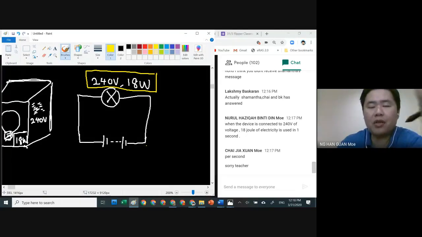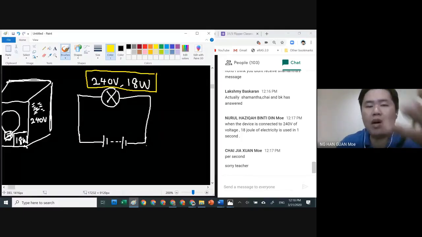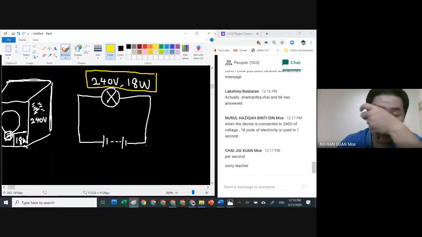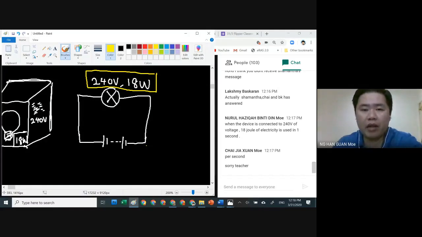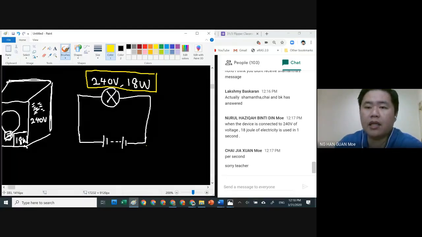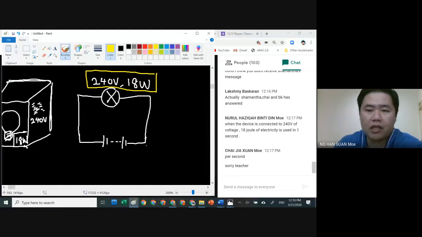You tell people 240 watt power supply and the power will be 18 watt. If you say so, you wouldn't get any 1 mark. So the correct way is like Nunu Hachika's answer: when the device is connected to 240 volt, the energy consumed in every 1 second is 18 joule, or 18 joule electrical.